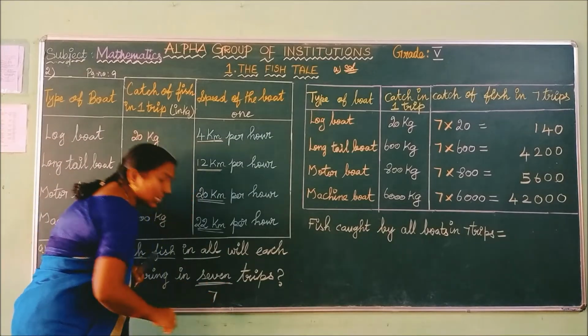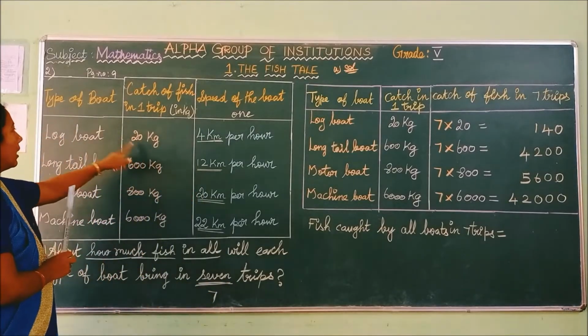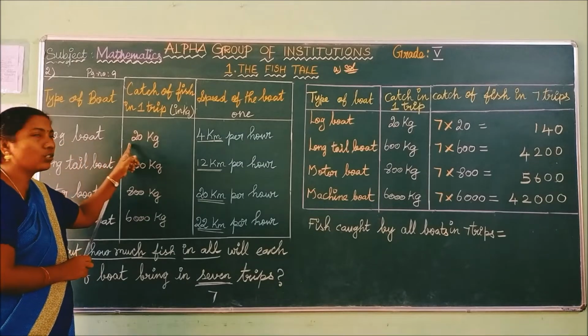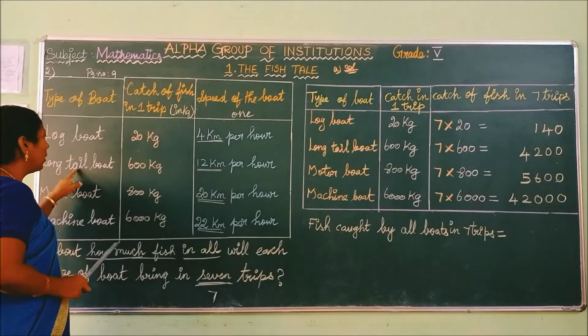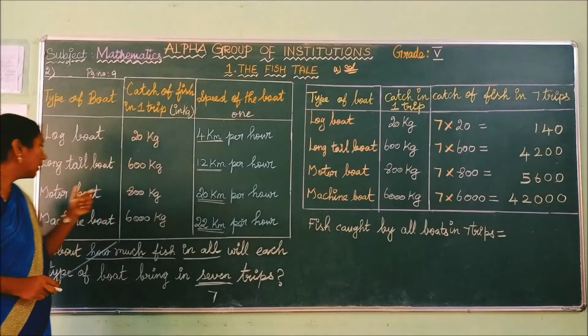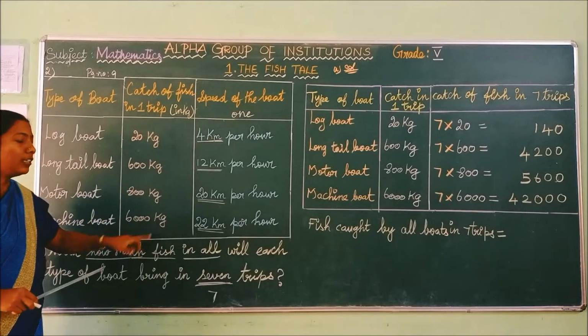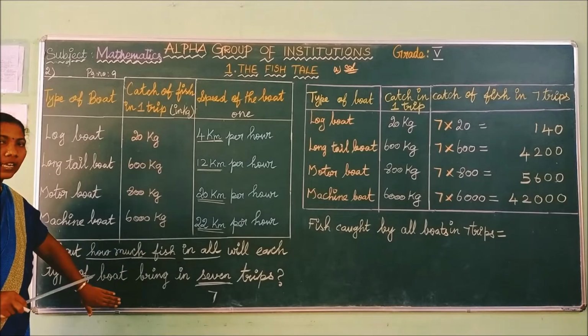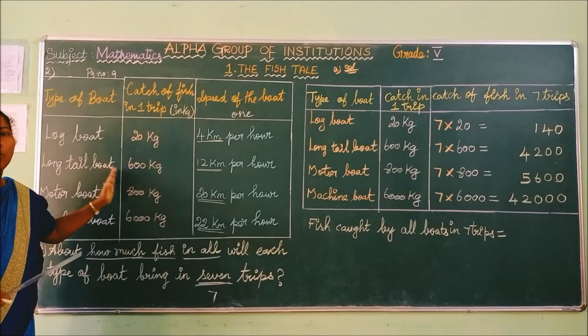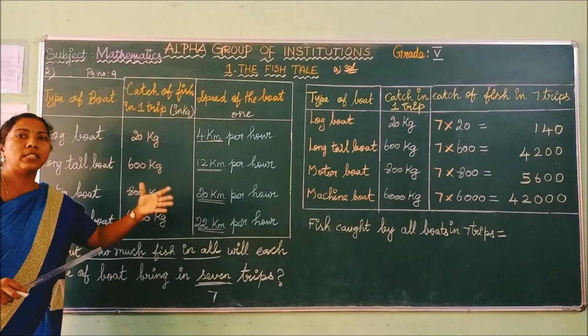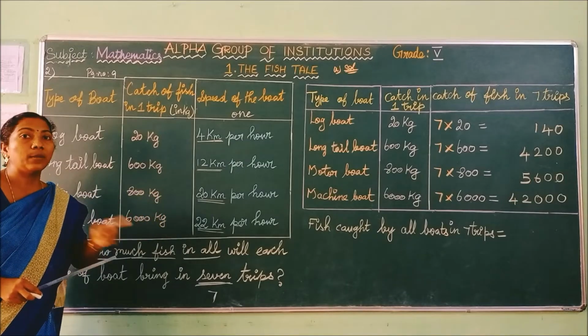So 7 trips. In one trip, the log boat can catch 20 kg, the long tail boat can catch 600, the motor boat 800 kg, the machine boat 6000 kg. In this question, they are asking, these boats will go for the trip in the sea how many times? 7 times.